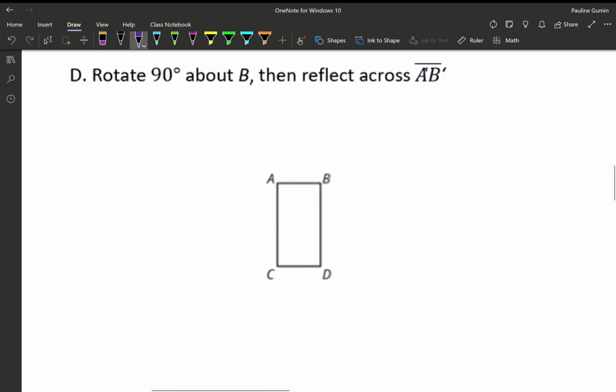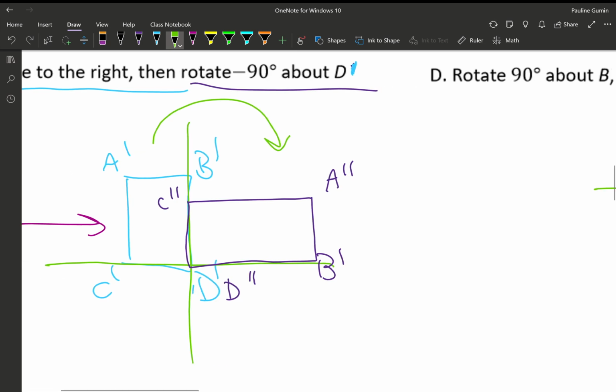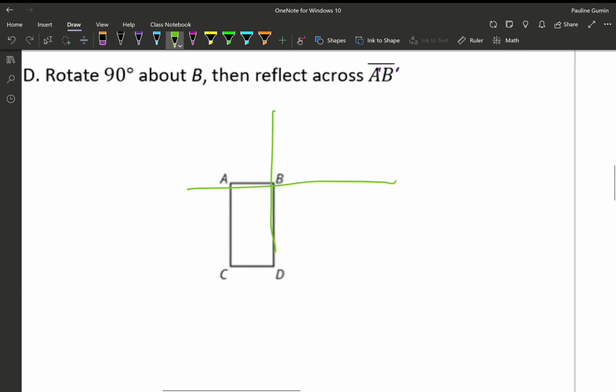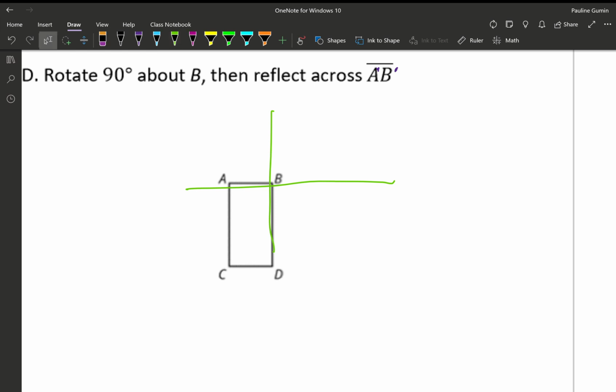Last double rotation, let's do this. First, we're going to rotate 90 degrees about point B. So let's make point B the middle piece. Positive 90 means we're going counterclockwise. So we end up with a rectangle right here.